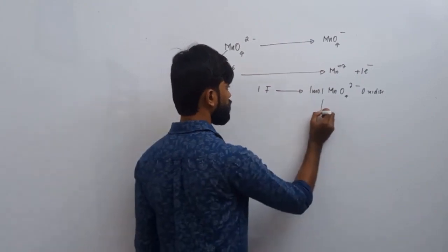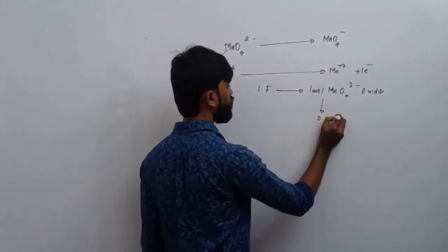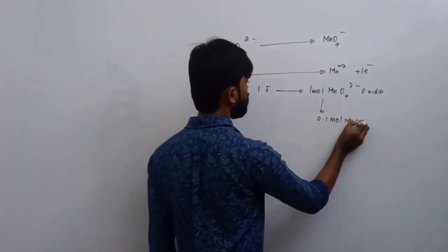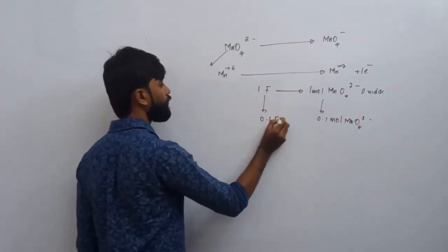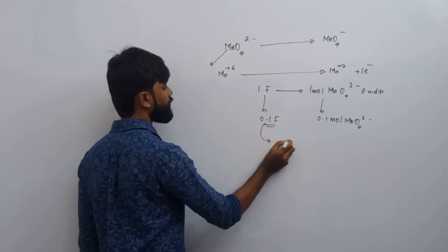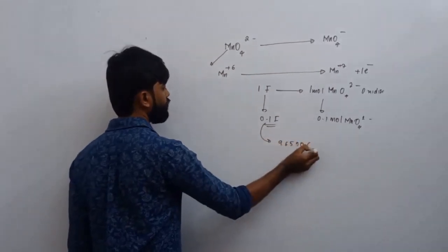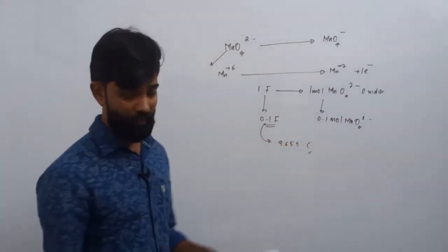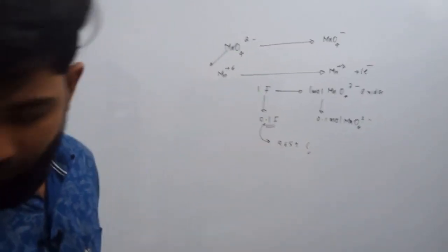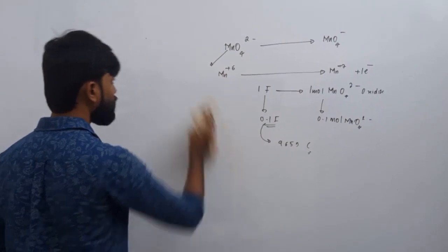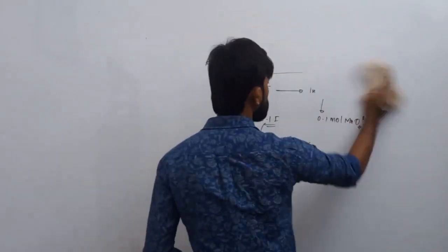Therefore, to oxidize 0.1 mole of MnO4 2 minus, we require 0.1 farad. 0.1 farad means 9650 coulomb is enough. The choice is 3. This kind of question is already discussed in your examples, in your theory.